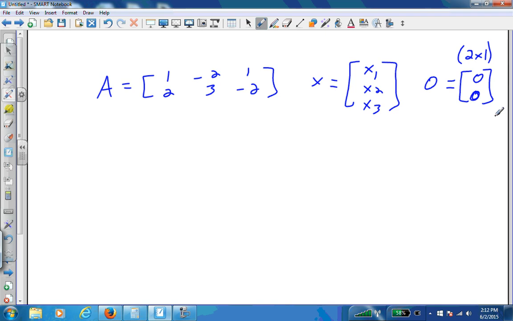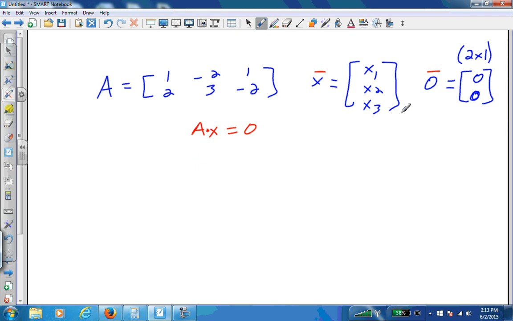So they give us matrix A, vector X, vector 0, and they say solve the matrix equation AX equals 0, which means A times X equals 0.